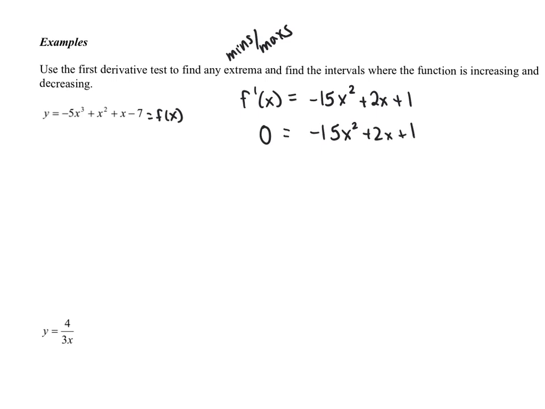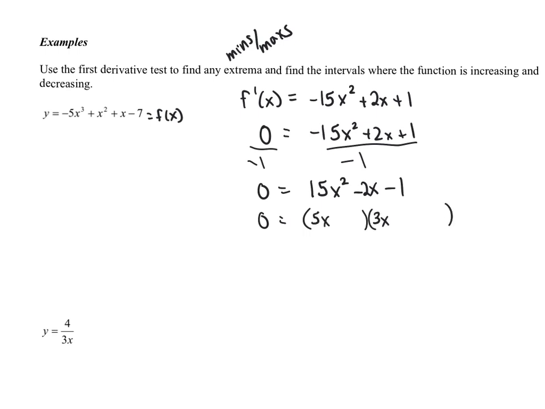Now, generally, these things will factor, and you could actually factor this. What I would do first is divide everything by negative 1, because when I'm factoring, I like that leading term with the x squared to be positive. So when I factor, we'll have to figure out which values go where.